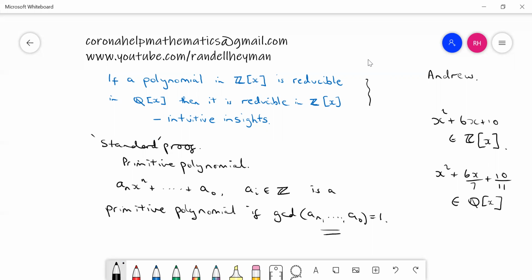The divisor must be common to all of them, and if there's more than one, we're interested in the greatest one. So in this case, we're saying the only divisor basically is 1. So this one up here would be primitive because the GCD of 1, 6, and 10 is in fact 1.